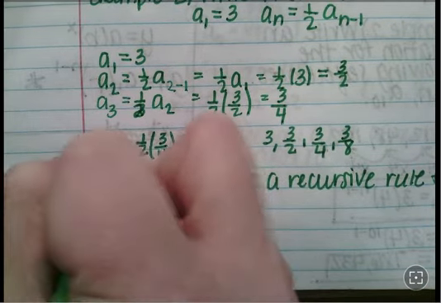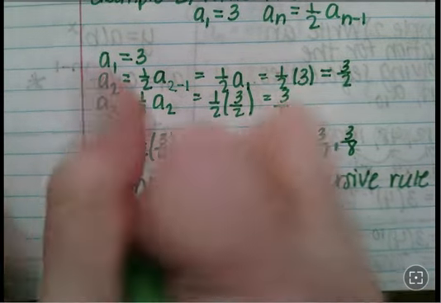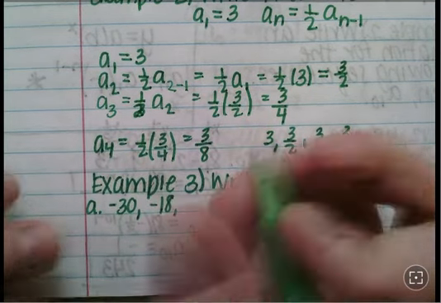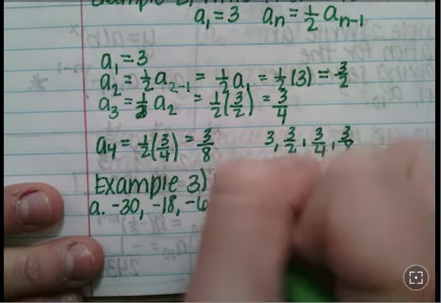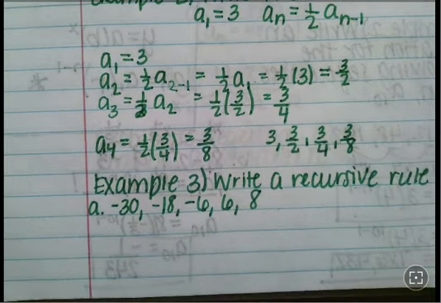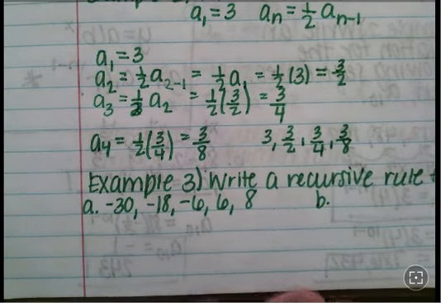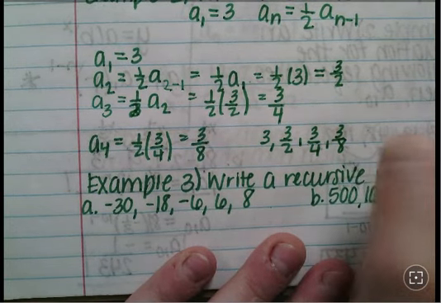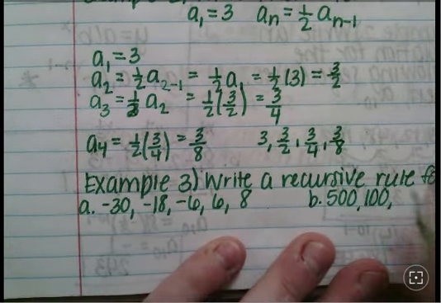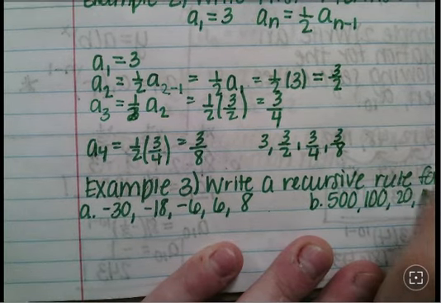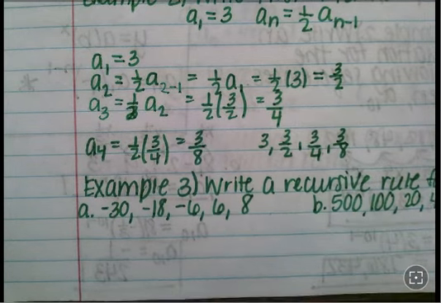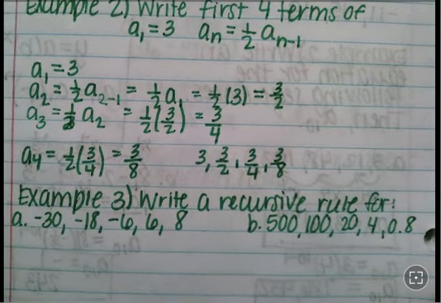The first one we're going to do is -30, -18, -6, 6, and 18. And the second one we're going to do is 500, 100, 20, 4, and 0.8. Okay? So those are the 2 we're going to look at.